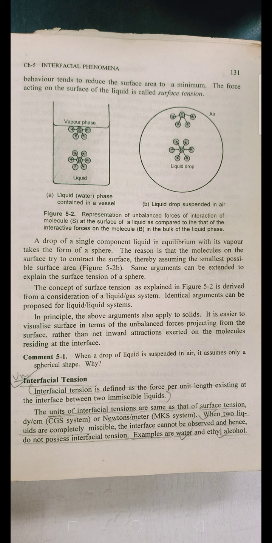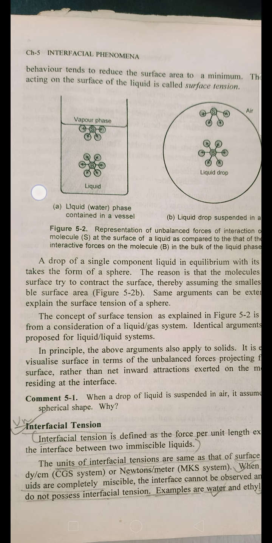But the molecules at the surface are attracted only by the molecules inside. There is nothing above them, only air, so no one can attract them upward. The molecules in the bulk are attracted by like molecules, with the same cohesive forces from all sides.